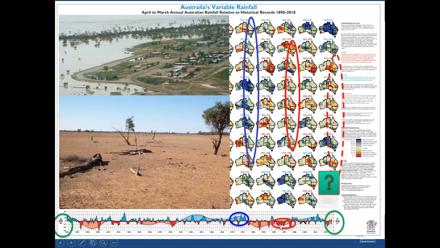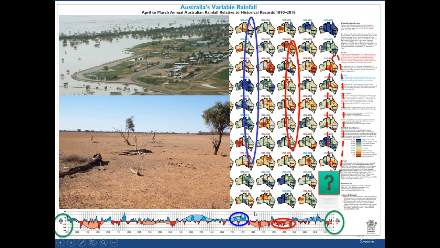Now, similar when we go down below the line here, and we call that side of the IPO the warm phase, and when it's with the negative SOI, we have that dry, but double dry, that additive effect of dryness here. So we call the IPO with the positive SOI the cool phase, and we're going to talk about that a little bit as we go along.